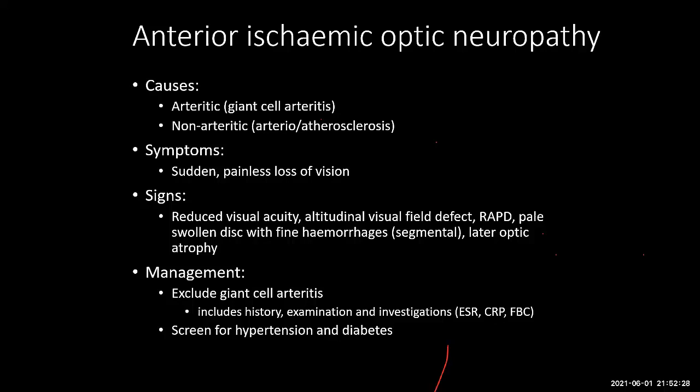Can diabetes be a risk factor for retinal detachment? The retinal detachment happening in diabetes, the pathology is different. There you get a tractional retinal detachment because of proliferative diabetic retinopathy.